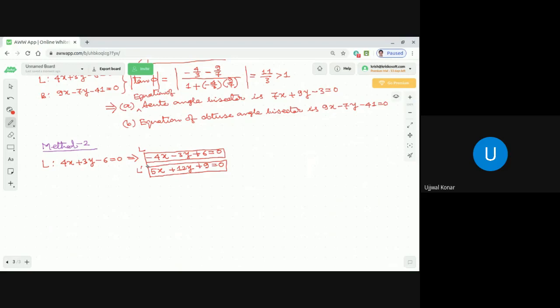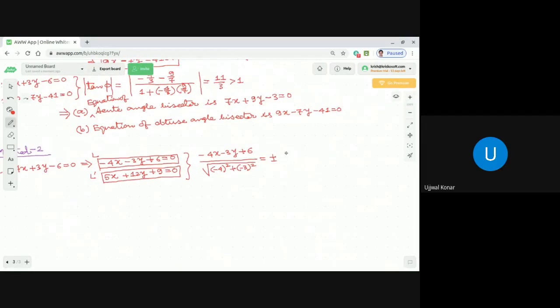Okay. Now what we are going to find is that the joint equation of the bisectors will be: minus 4x minus 3y plus 6 divided by square root of minus 4 whole square plus minus 3 whole square is equal to plus or minus 5x plus 12y plus 9 divided by square root of 5 square plus 12 square.